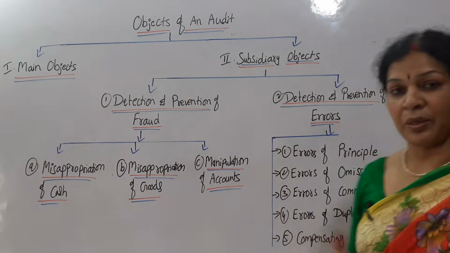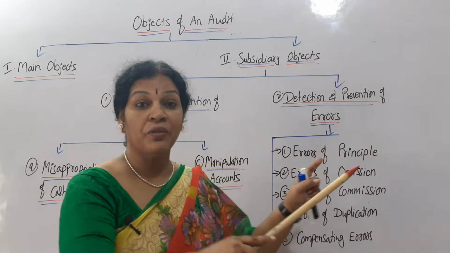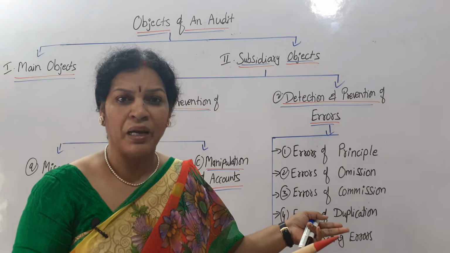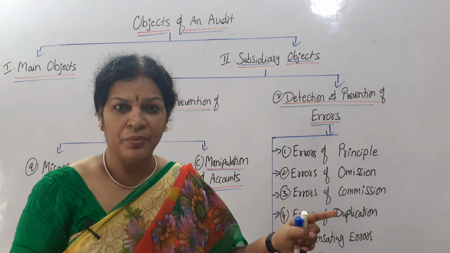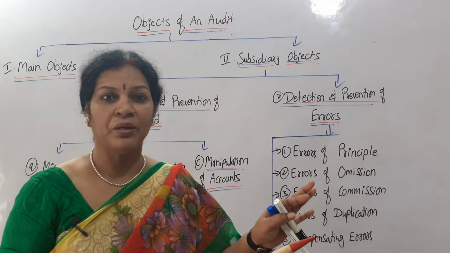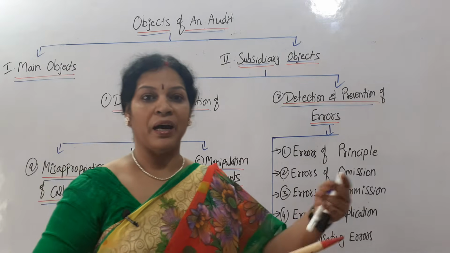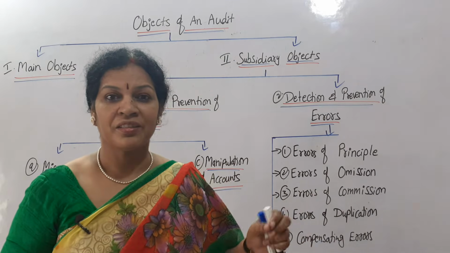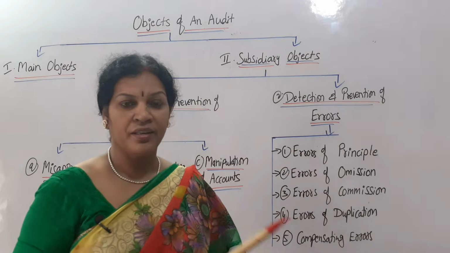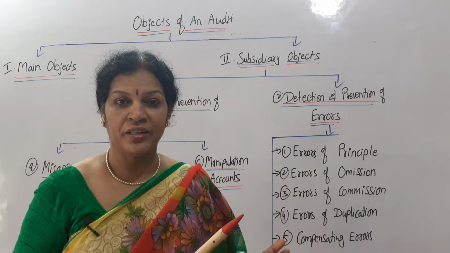Then after that it comes to detection and prevention of errors. What is error? Error means mistake, by mistake. Not deliberately, not intentionally, he did not do anything, but he does not have the proper knowledge, or by mistake something happened. That we call an error. Are you getting the difference between fraud and error?